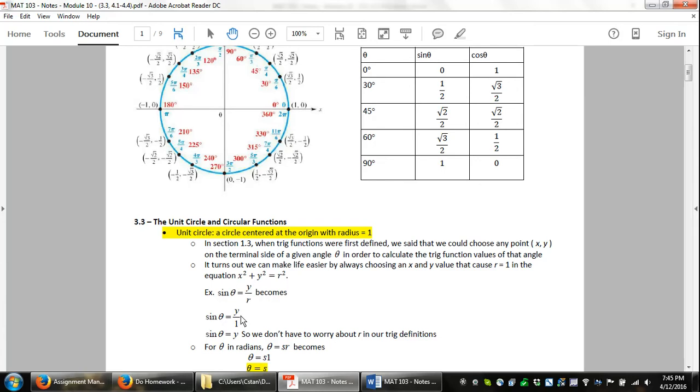Or say we looked at cosine. Cosine is x over r. Well, that would just be x over 1, or just x. So cosine of our angle is equal to x. So in each of those cases, we've only got 2 variables. We'll be able to graph one variable along the x-axis and one along the y. But I'm getting ahead of myself. Let's just focus on the unit circle for now.